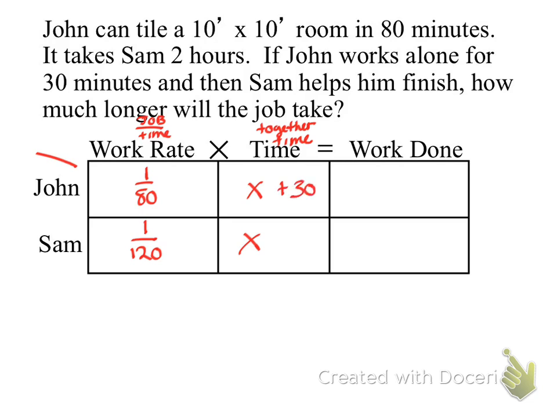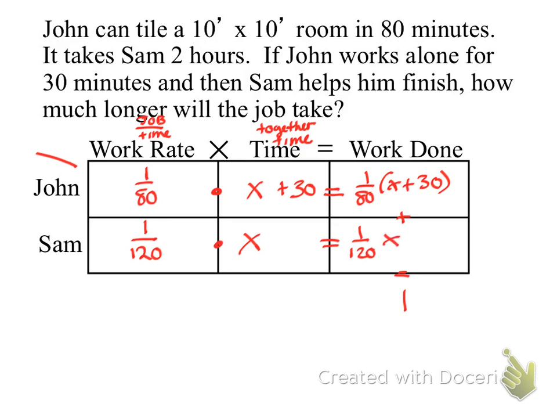Now, we're doing the same thing we did before. We multiply going across, and we add going up and down, and it equals one complete job. So this would be 1 over 80 times X plus 30. The next one is 1 over 120, that's just going to be an X, times X equals one complete job.